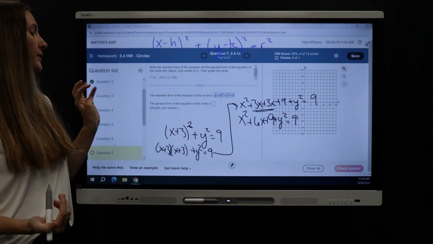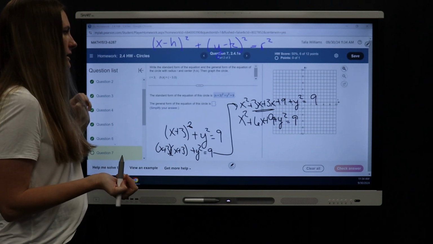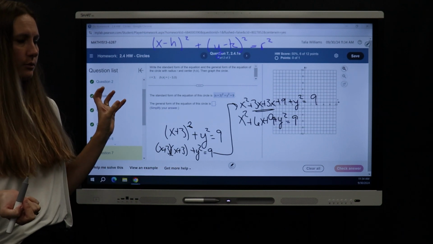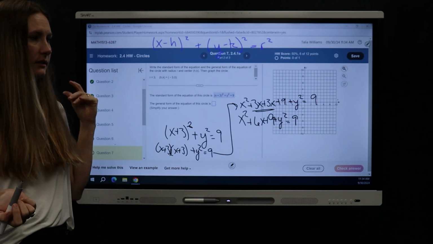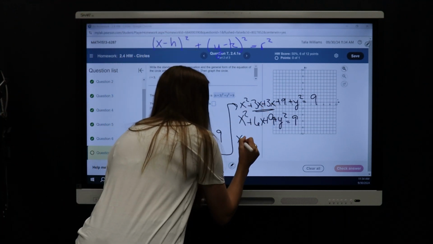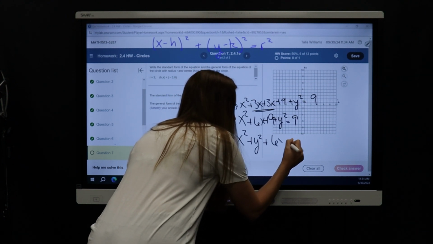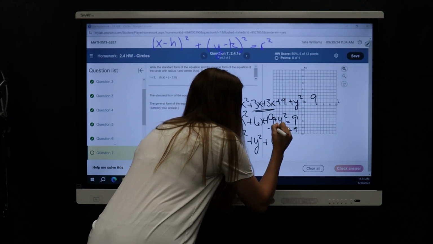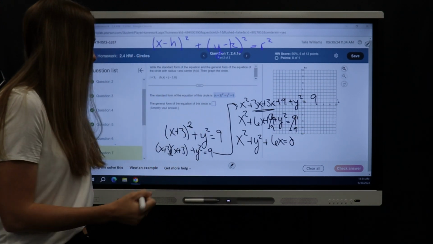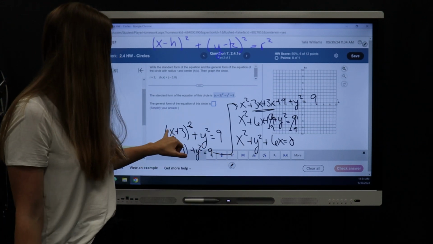Now, for general form, we have to put them in order. So it's x squared plus y squared plus x plus y plus constant equals 0. So we're going to have x squared plus y squared plus 6x. And I'd move this 9 over. And when I do that, I don't have a constant. Equals 0. So the completing the square part is if I had to go from here back to here.